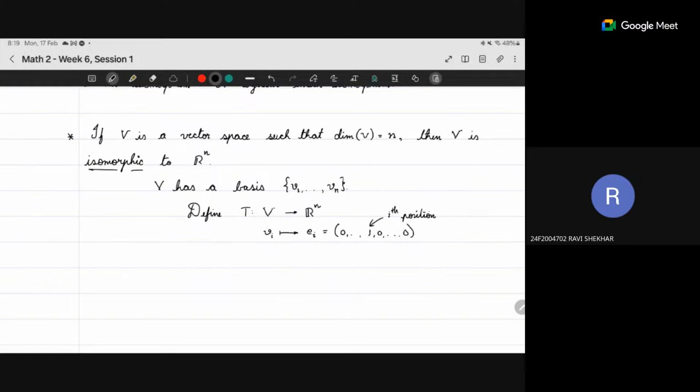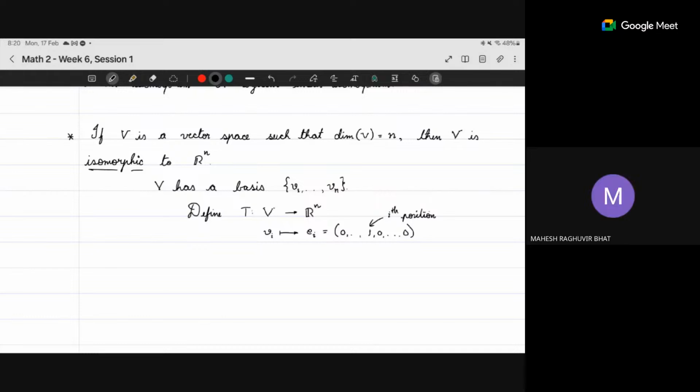We don't know if it is a subspace of Rn or anything; it could be anything. So there we are just starting out with an abstract basis V1 up to Vn, and we are mapping the ith basis vector from that basis to the ith standard basis vector. Is that okay? That is the transformation.